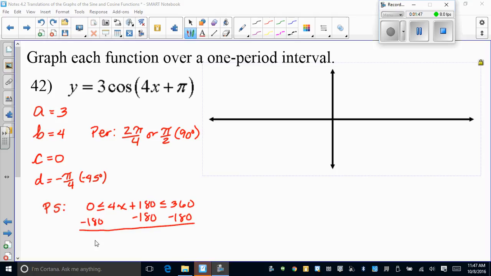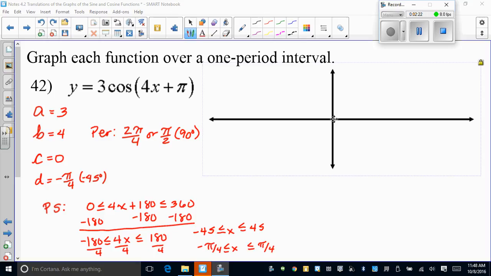We get negative 180 is less than or equal to 4x, which is less than or equal to positive 180. Divide each piece by 4. And we get negative 45 is less than or equal to x, which is less than or equal to 45. So we're going from negative pi over 4 to positive pi over 4.